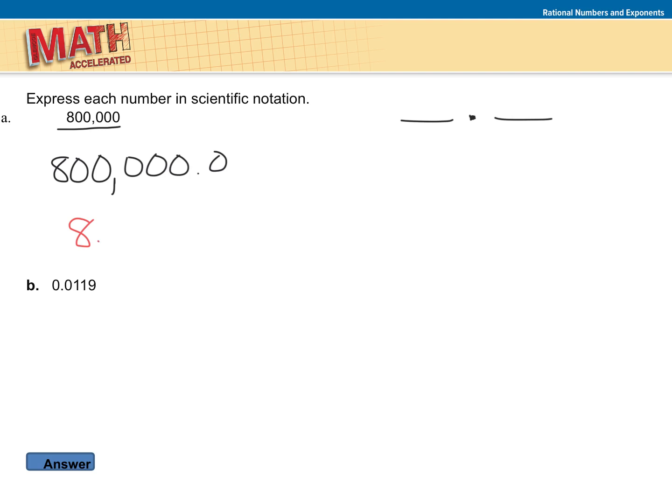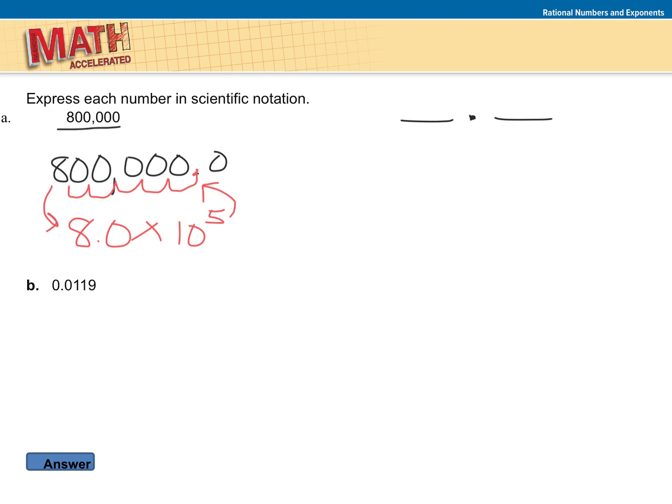No, so what needs to go on the right of the decimal? 0. Now, I want this to look like this. So I need times 10. What do I do with this decimal? Move it which direction? So 1, 2, 3, 4, 5. Is my exponent going to be positive or negative? It is going to be positive because our number is bigger to start.